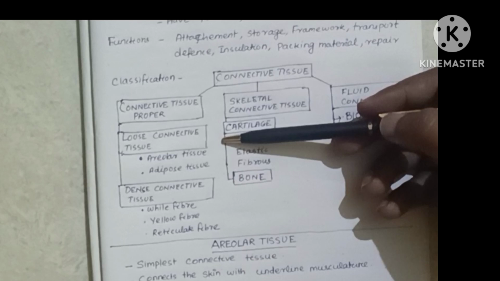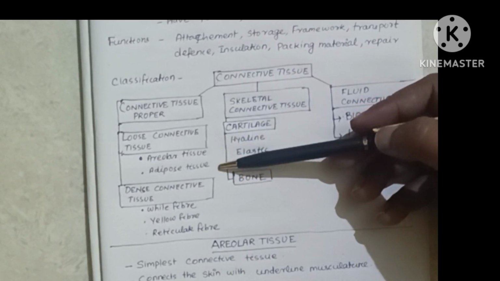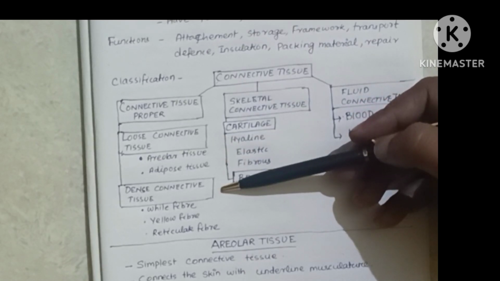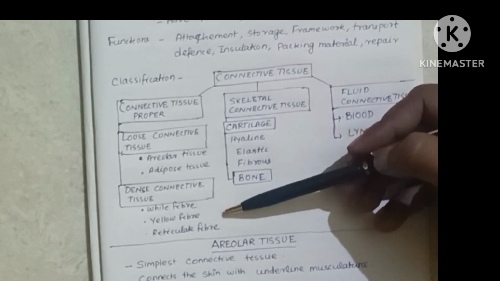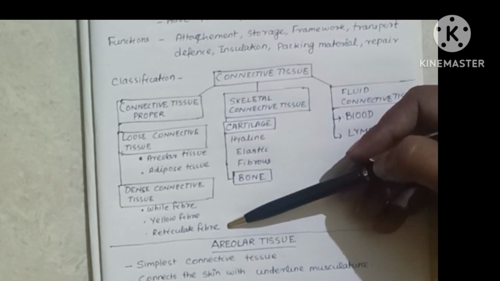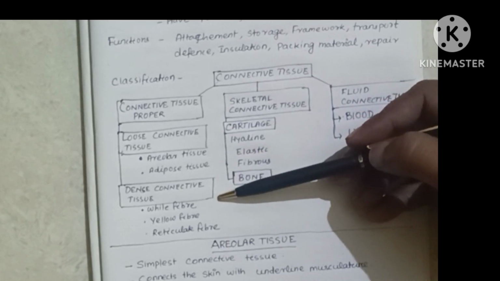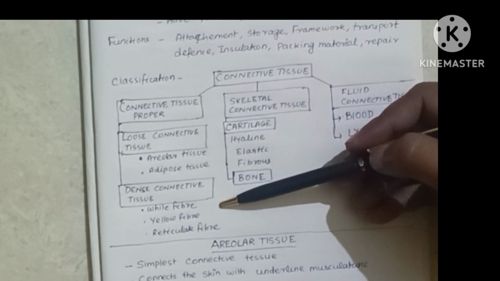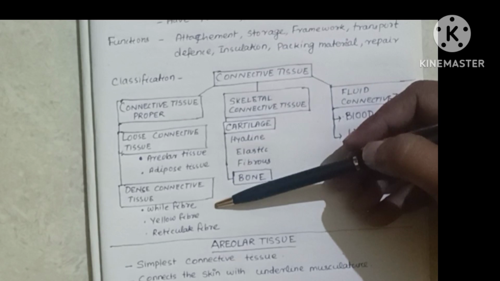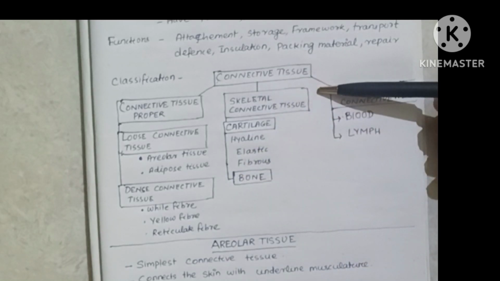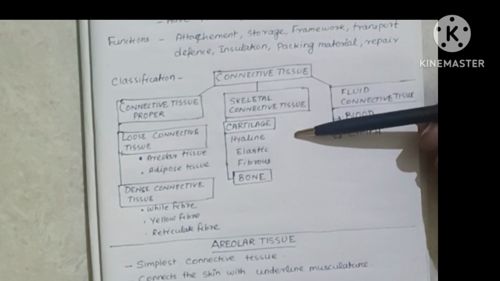Loose connective tissue includes areolar tissue and adipose tissue, and dense connective tissue includes white fibrous tissue, yellow fibrous tissue, and reticulate fibrous tissue. Areolar and adipose tissue are present mostly below the skin, and dense connective tissue forms fibers present mostly in bone, cartilage, etc. Then skeletal connective tissue includes cartilage and bone.